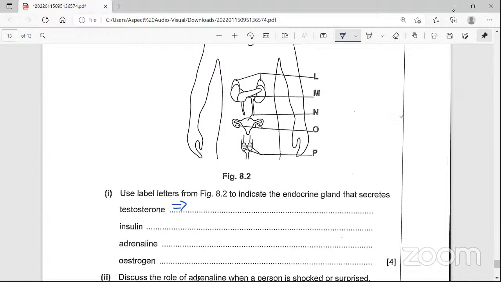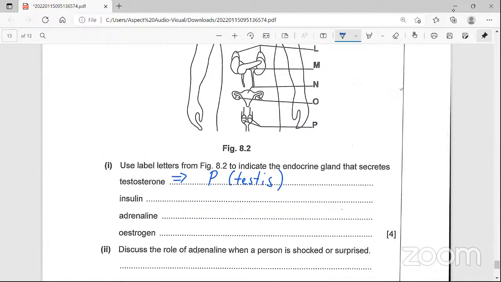What is the one that secretes testosterone? It is P, the testes. Thank you. And then insulin, M, which is the pancreas.